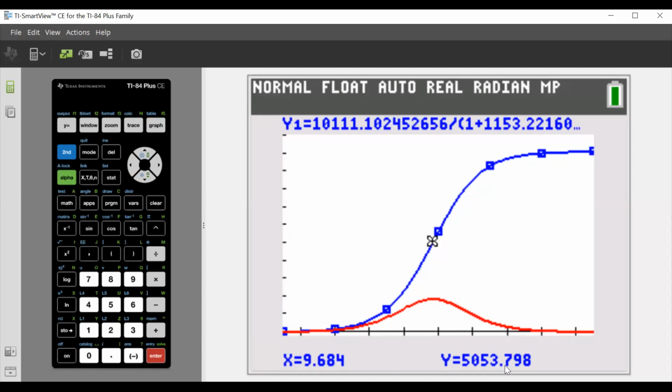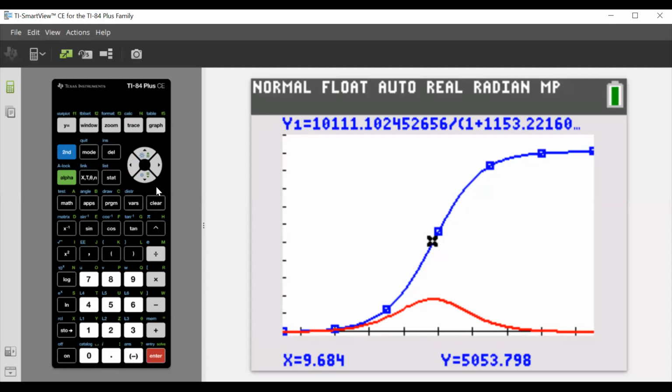Okay, so let's write that down, 53.798. And for our other one, we could just arrow down and we'll find our prime, and that's going to be 1840.134.